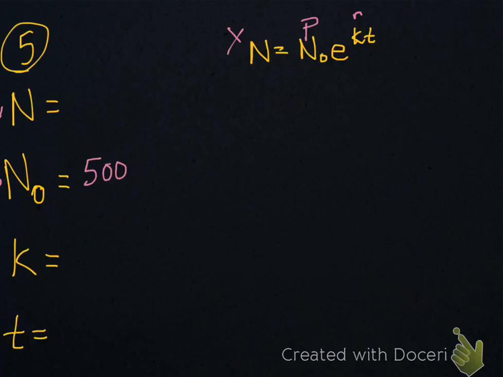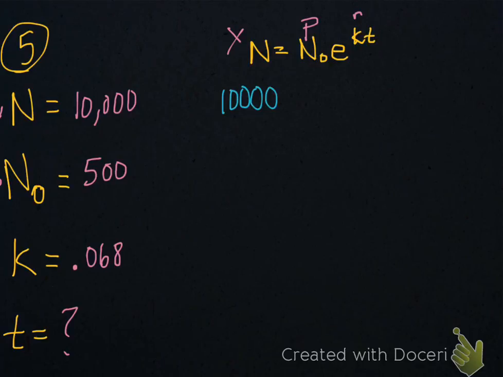Okay, so then what are we doing? k is 0.068, and they want to know when it reaches 10,000. Yeah, that's a big number. And t is what we're looking for. So we're just going to plug it in. So we have 10,000 equals 500 e to the 0.068t.